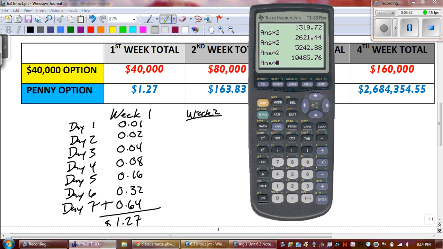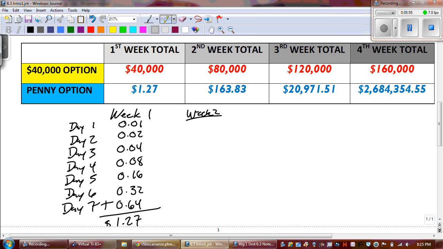Imagine that. Watch this. 20,000. Boom, 40,000. 83,000. And it keeps doubling and doubling. And see how fast this money is piling up? It goes really fast.